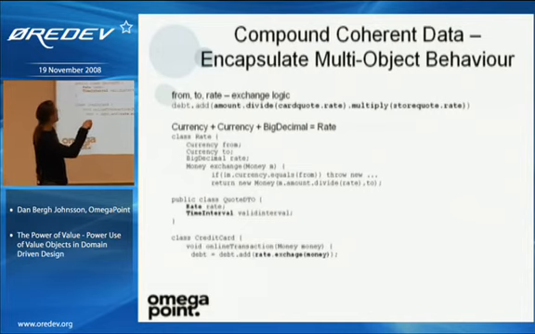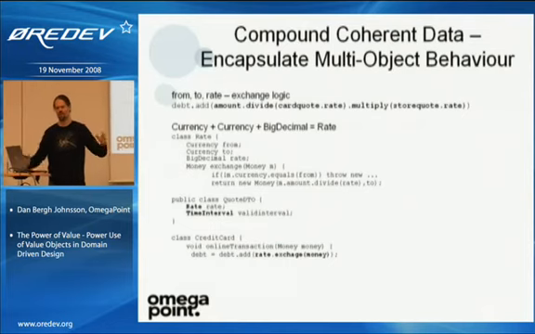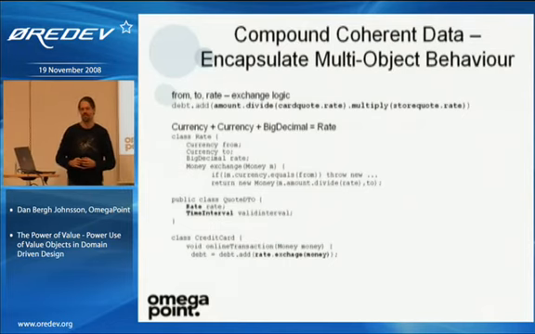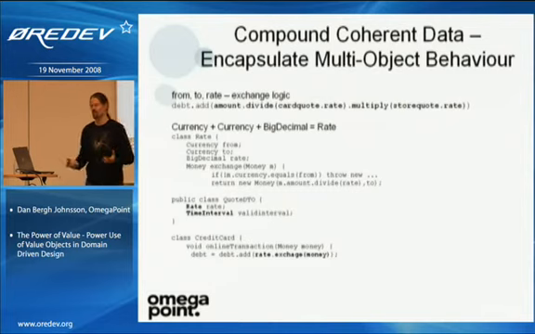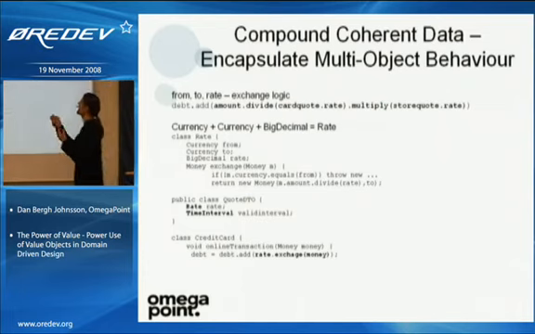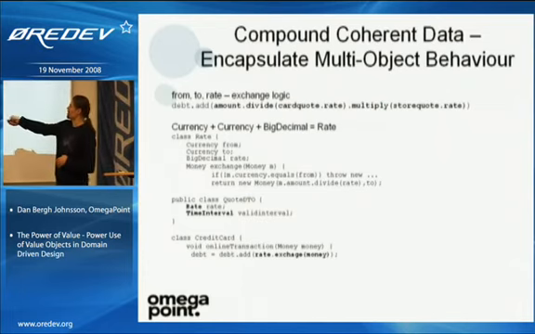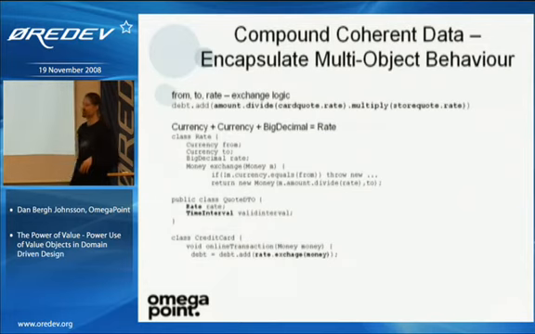So here we've got a very strange long code block doing an exchange. And we see that it contains two currencies and a decimal. So instead, let's extract the exchange functionality into a rate object containing the from and to and rate.